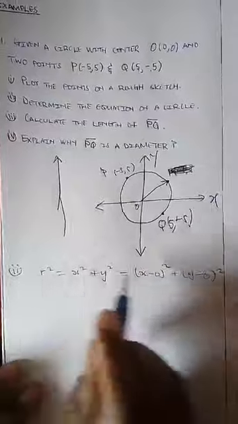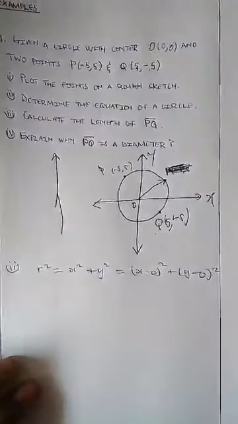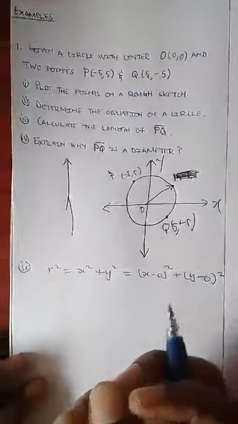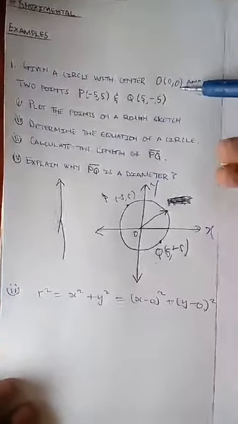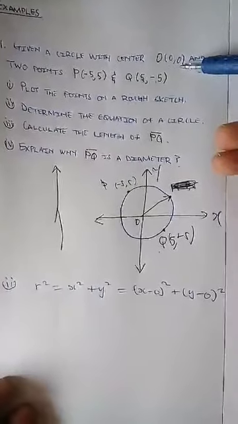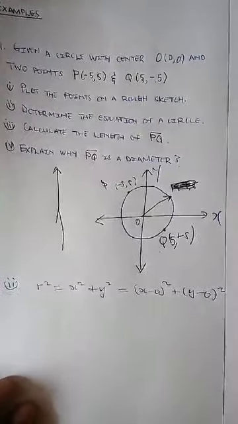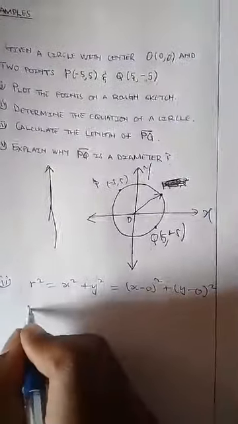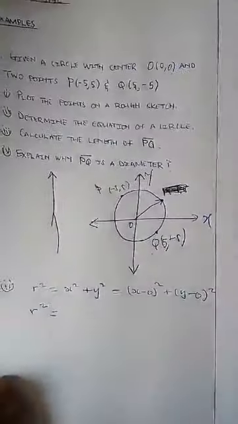So this is the equation of the circle centered at the origin, right? And here we are already told that the circle is centered at O at the origin, right? So we move on. We know that this should be r squared, right?